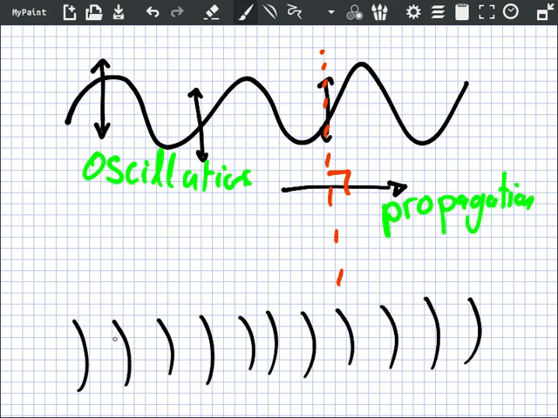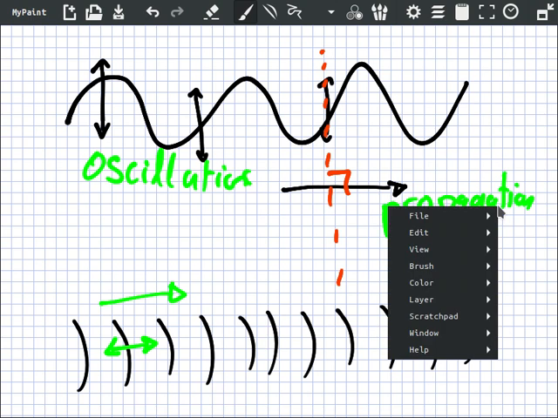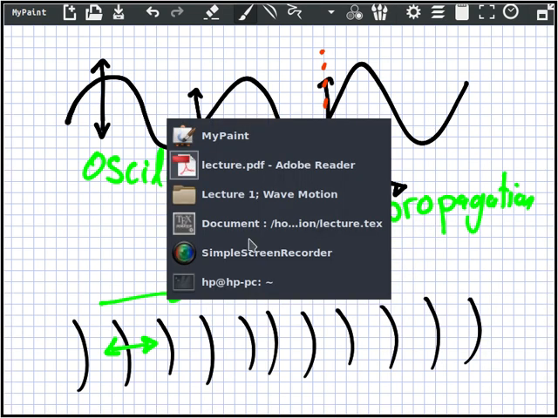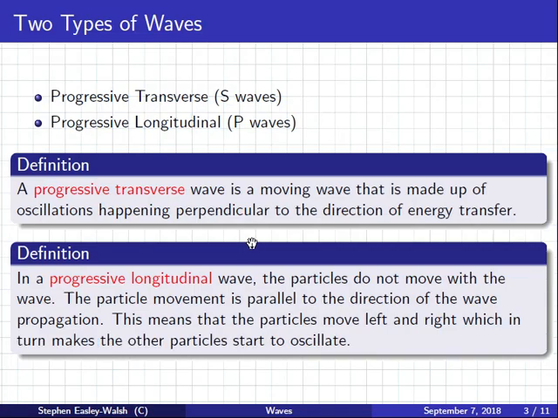So the oscillations are in the same direction as the propagation. So it's kind of like it's vibrating out like this, you know. Okay, so now I'll give you a minute to write these definitions down. I'm sorry, lots of English for you.